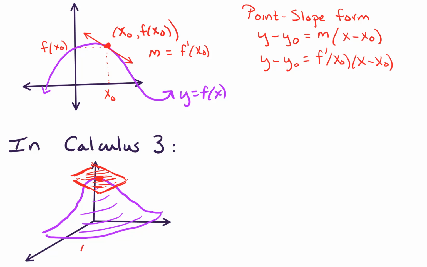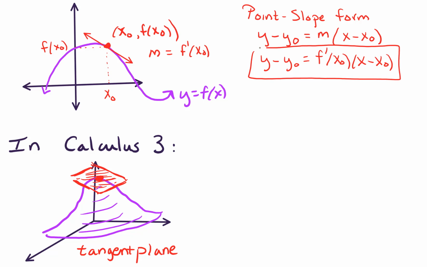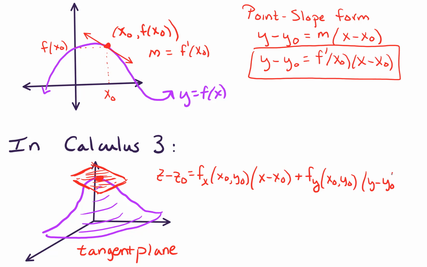Okay, and so this is the tangent plane, and the equation for the tangent plane is pretty similar to the equation of the tangent line that we had up here in Calc 1. Equation of a tangent plane looks like z minus z naught equals the partial derivative with respect to x evaluated at x naught y naught times x minus x naught plus the partial derivative with respect to y evaluated at x naught y naught times y minus y naught.